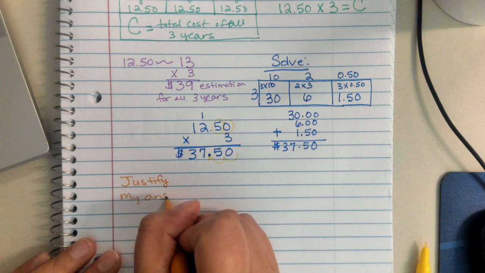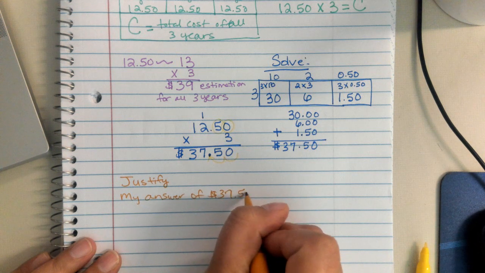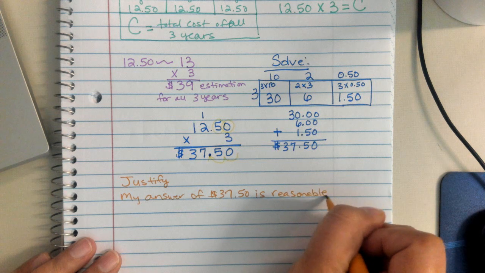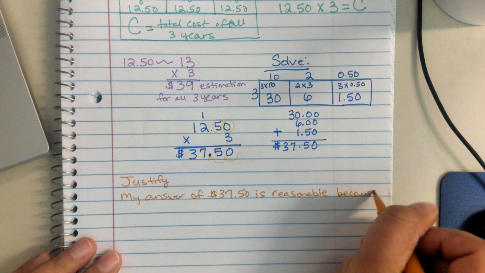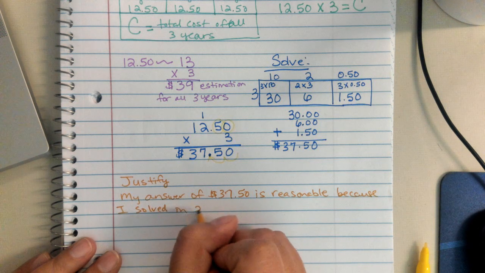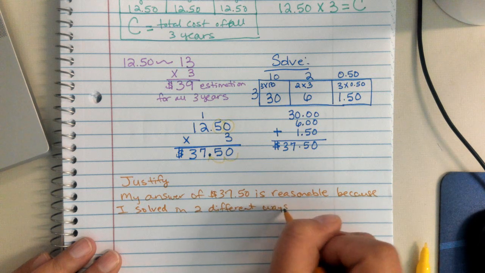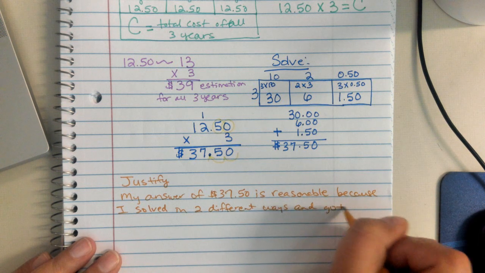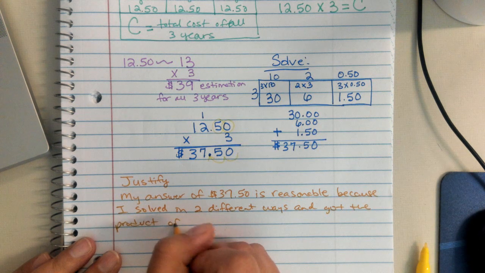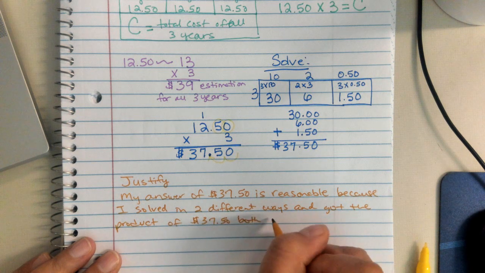My answer of $37.50 is reasonable because I solved in 2 different ways and got the product of $37.50 both times.